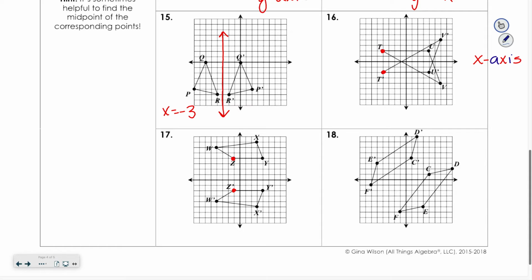So go 1, 2, 3 halfway and draw a line. That's going to be y equals 1, its line of reflection. Is 18 a horizontal or vertical line? Neither. It's going to be diagonal. So it's going to be y equals x, because it's over a diagonal line.